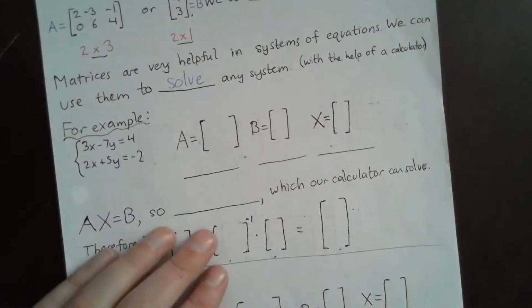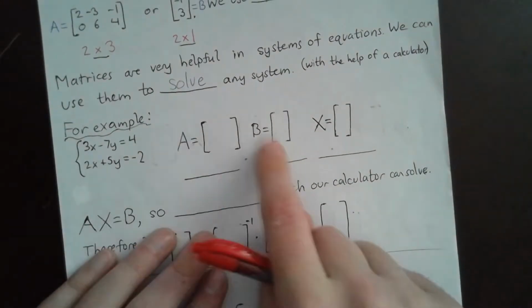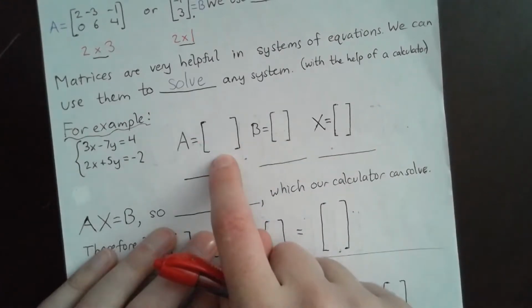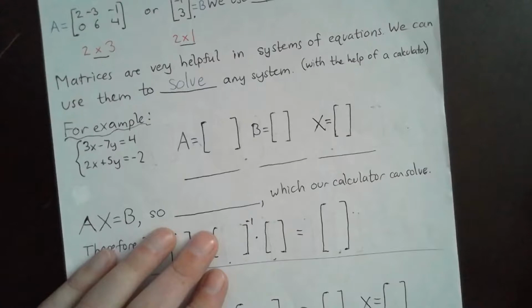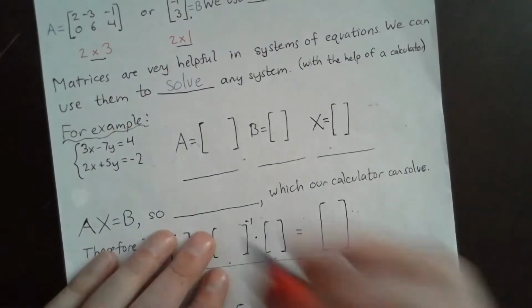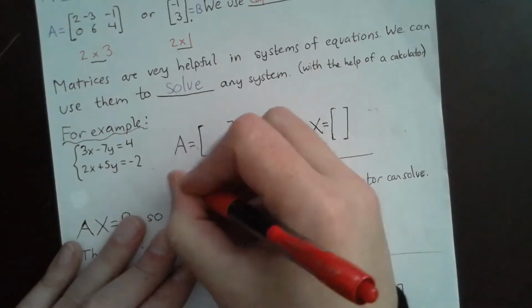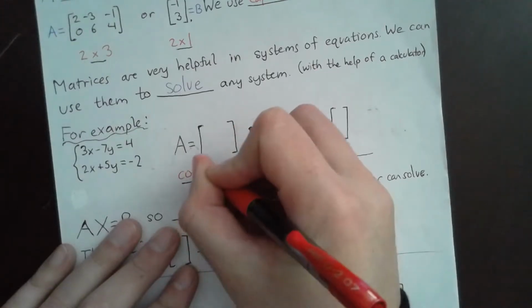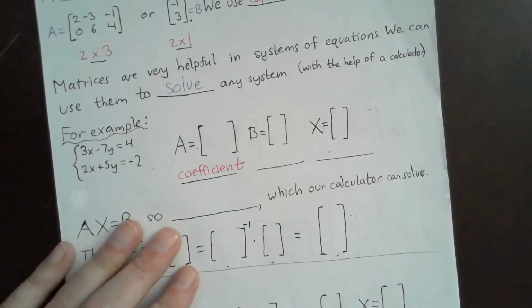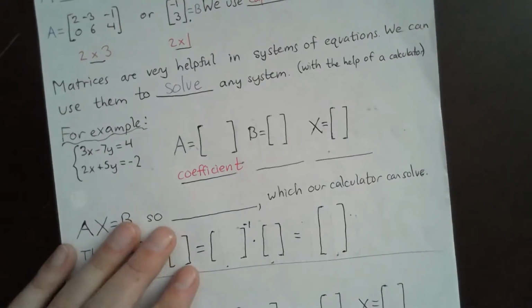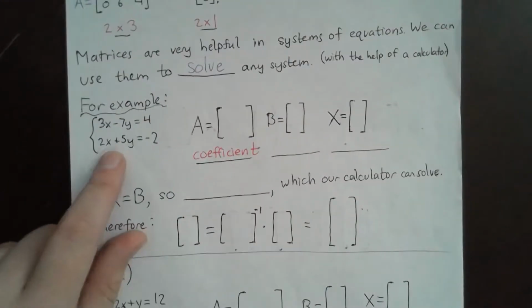We're going to end up filling in these matrices. This one is 2 by 2, this one's 2 by 1, this one's 2 by 1. But let's figure out what we're going to put in them first, and that's going to help us solve it. So A is going to be our coefficient matrix. That's just pulling all the coefficients out of this.